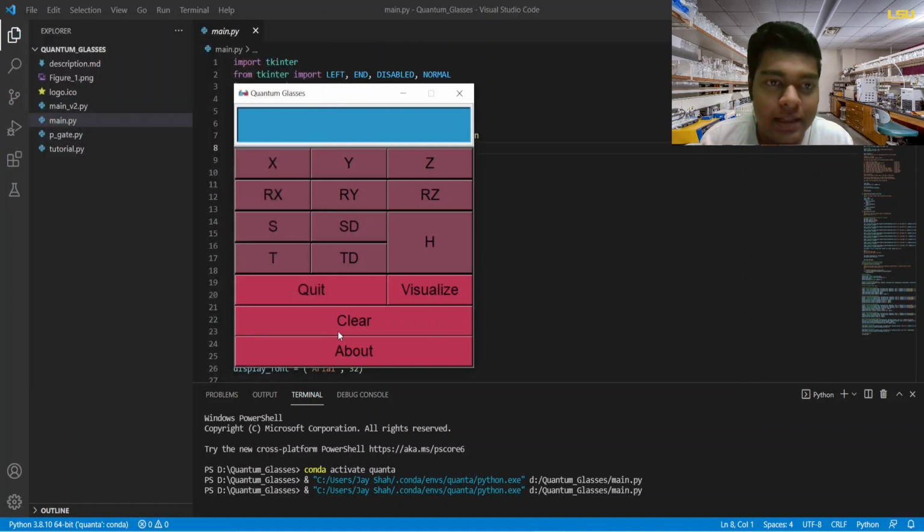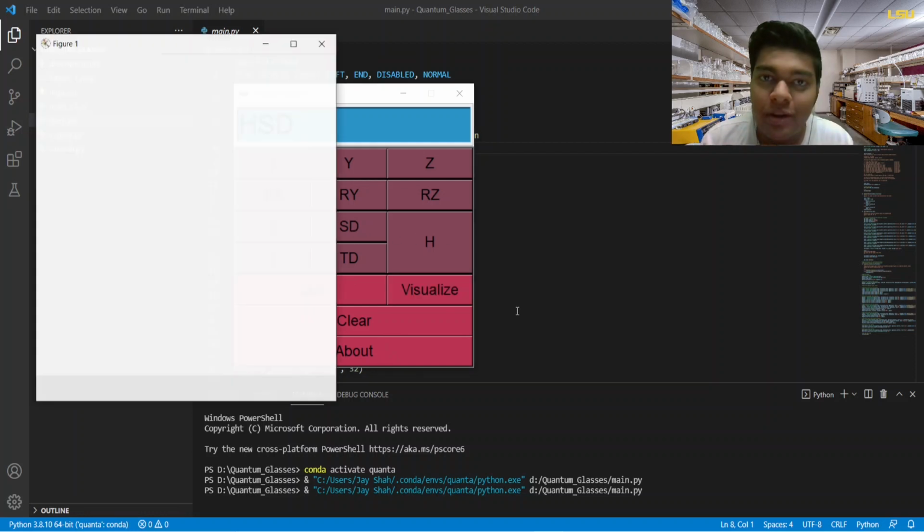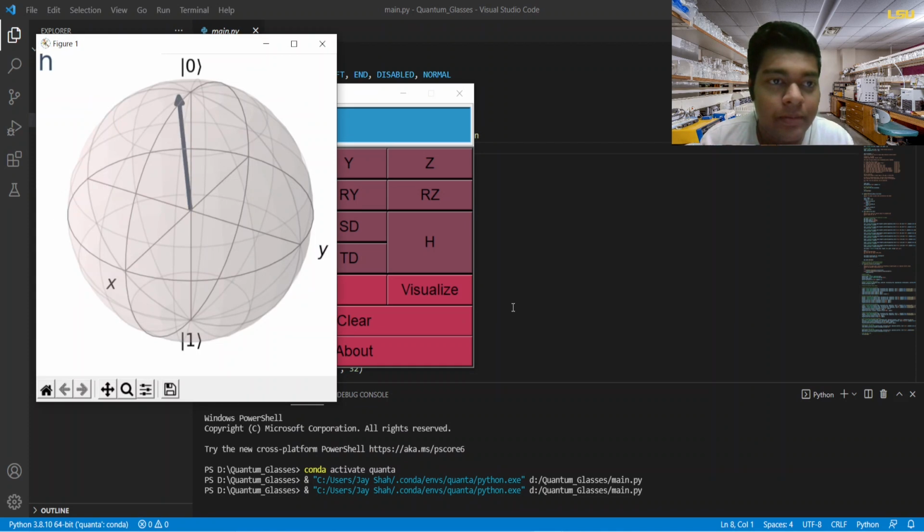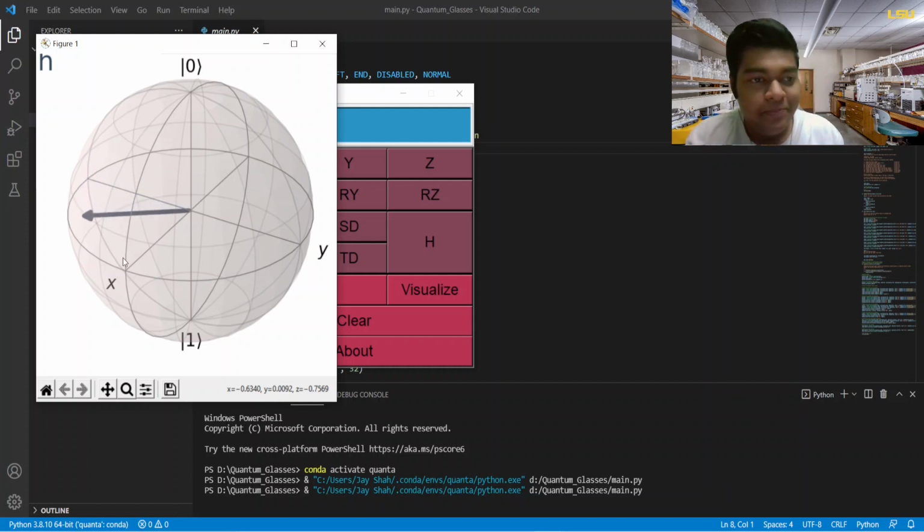Again, let's do the same thing for the S-Dagger gate and see what happens. The first part is again the Hadamard gate. It will just come here, and then we'll see what the effect of the S-Dagger gate is. We are waiting.